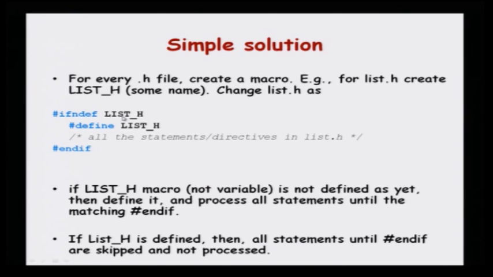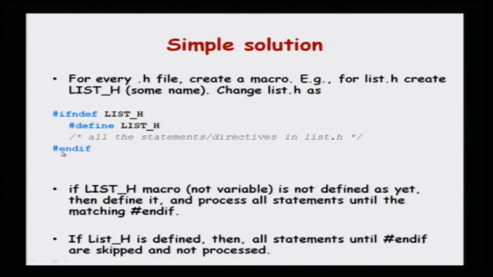Usually, if a file is list.h, the macro will be named in capital letters LIST_H. If this macro is not defined, then #define LIST_H. So, this says define LIST_H for me, and then all the remaining statements in list.h will be enclosed in an #endif.